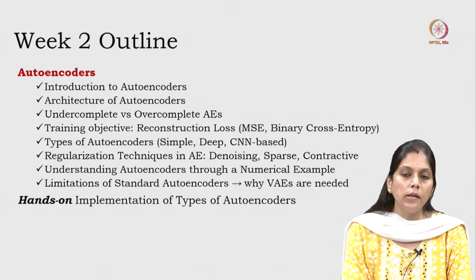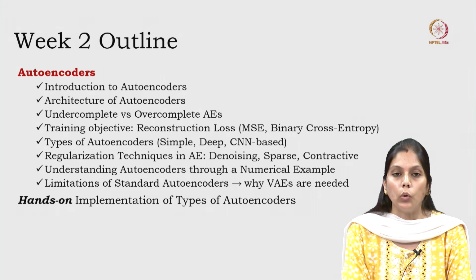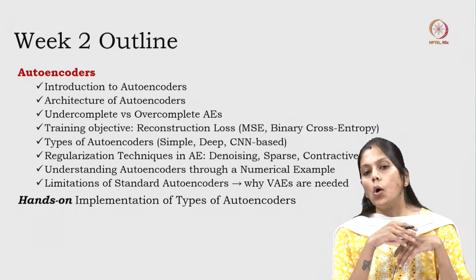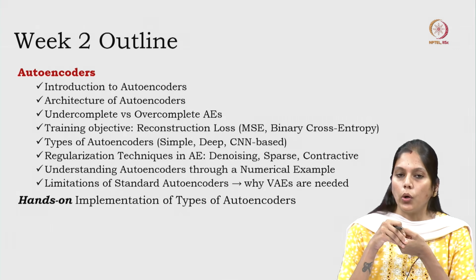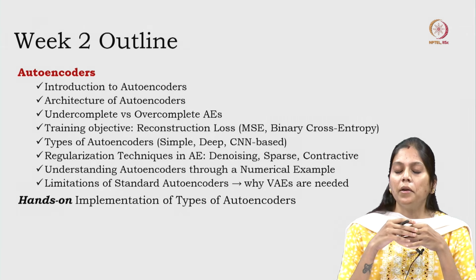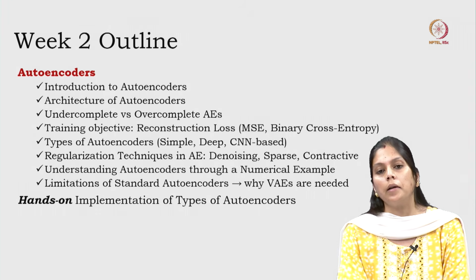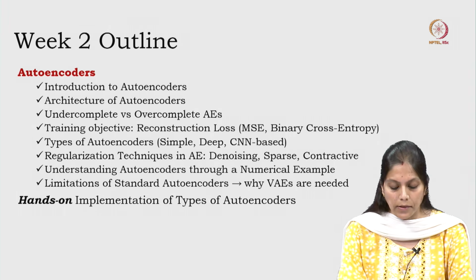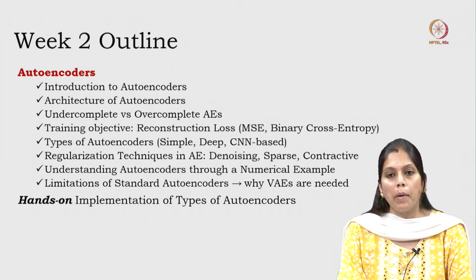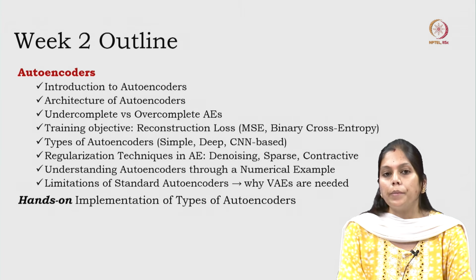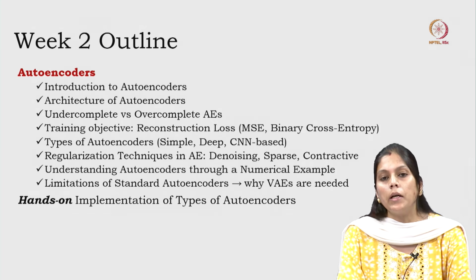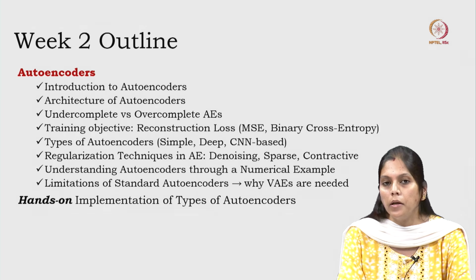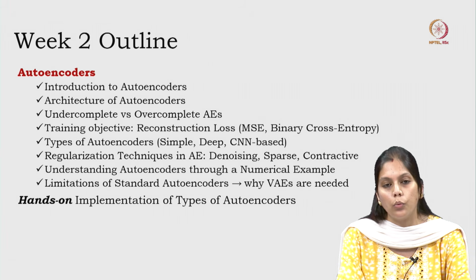Then we will move towards the different types of autoencoders. Primarily we will be focusing on simple, deep and then CNN based autoencoders. Then what are the different regularization techniques that are there in autoencoders, such as denoising, sparse and then contractive autoencoders. And towards the end we will solve one numerical example, so that it will be a clear understanding to the learners how exactly the autoencoders work.